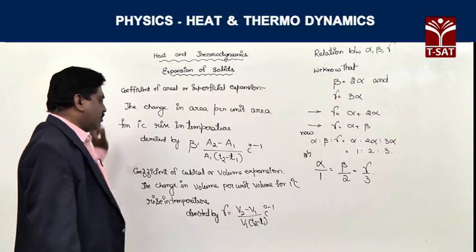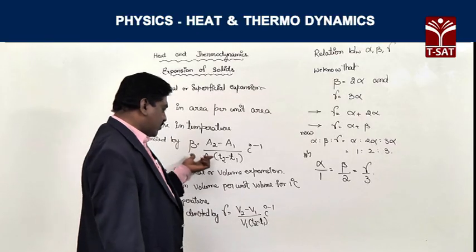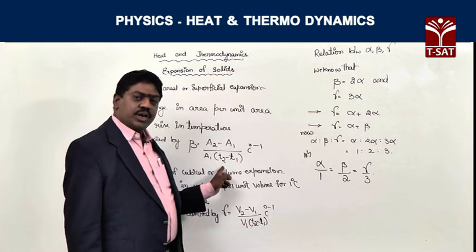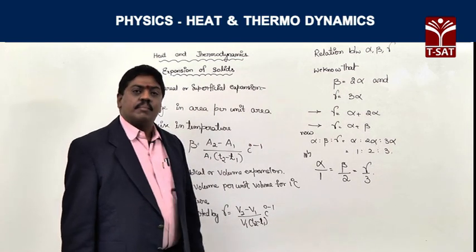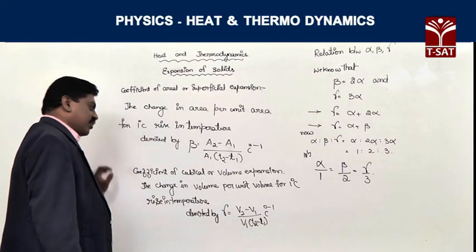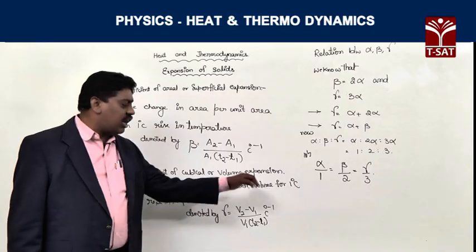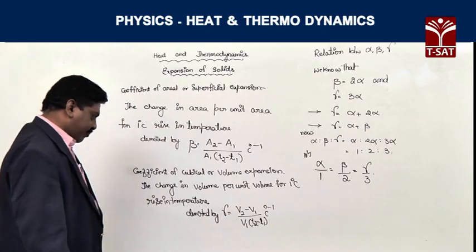It is given as beta, and beta equals A2 minus A1 by A1 into T2 minus T1 per degree Celsius. Okay, fine. From there onwards, we have the coefficient of cubical or volume expansion.